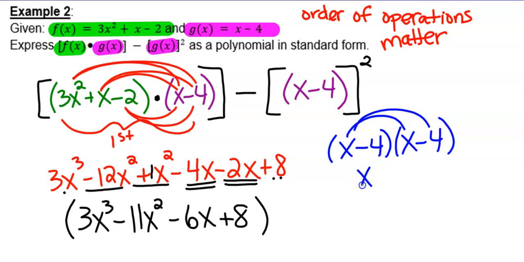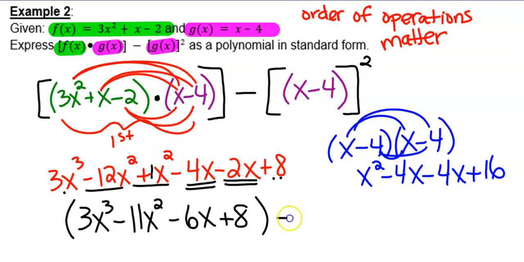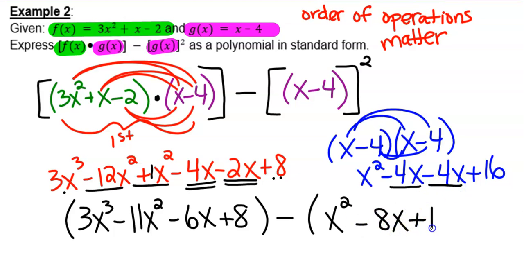X times x is x squared, and x times -4 is -4x. -4 times x is another -4x, and -4 times -4 is +16. So in the end, we have a minus. And then adding like terms, we have x squared, negative 4x and negative 4x is negative 8x, and then plus 16.